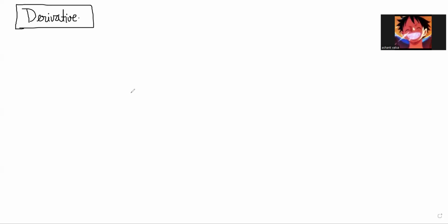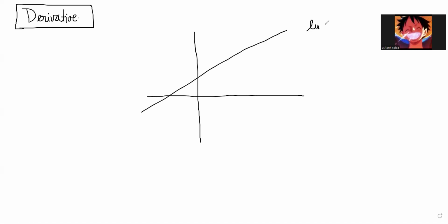But before we do a derivative, you need to know what is the meaning of slope. For example, if there is a line, with line equation y is equal to mx plus c, this is the y-axis, this is the x-axis. If there are 2 points on the line, let's say this point is x1 comma y1 and this point is x2 comma y2, the slope of the line joining them will be given by this ratio.